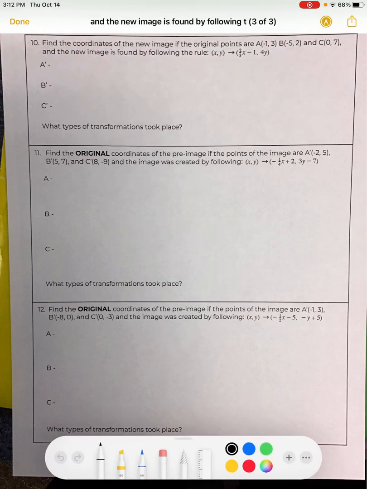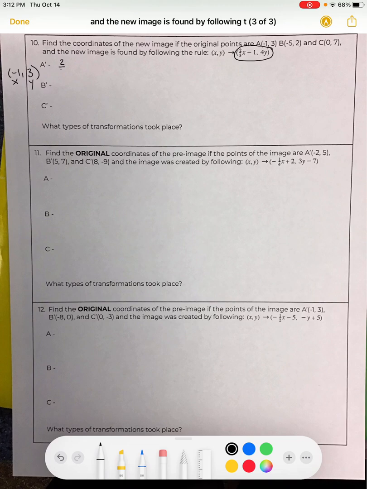it's down here, we have a new formula for this one, and we want to find the new points. So you take the original point, like -1, 3, and you plug in your x and you plug in your y to see what you get. Now some of these are going to come out as fractions, so feel free to write them as a fraction.